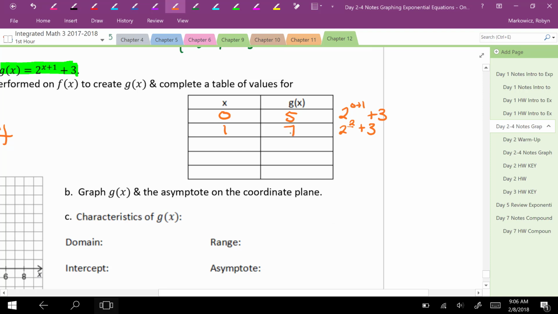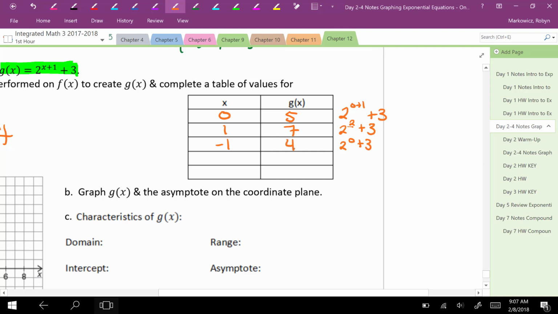If we notice, these numbers are getting bigger. So should I make my x values bigger or smaller? Smaller. So give me a small x value. Let's go with negative 1. What is negative 1 plus 1? 0. 2 to the 0 is 1. 1 plus 3 is 4.